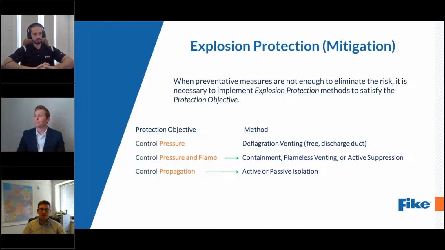So what are some methods that we could control the explosion? There's an iterative process that every process engineer or design engineer goes through with risk mitigation. They start at more passive solutions and move toward the active, adding different layers of protection to each way to reduce the risk further.